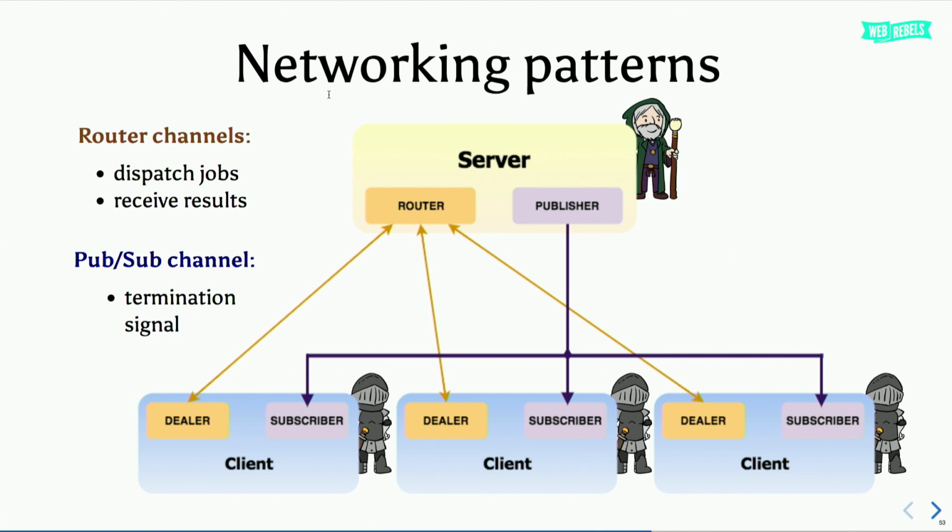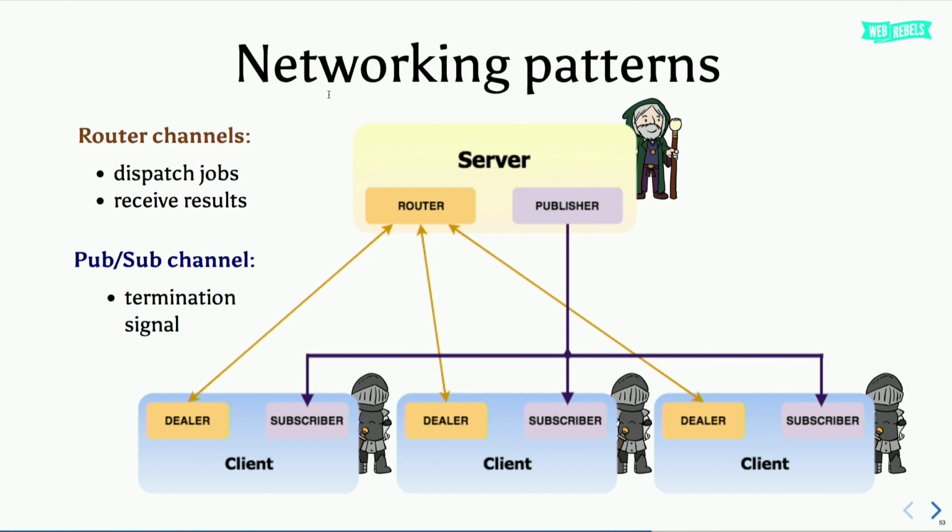And we have 2 different types of messages. The first one is basically the messages that we need to coordinate the work. And the second one is just an exit signal that is sent to everybody when some client found the actual secret. So for the first case, the conversation is basically one-to-one. So there is a channel between the server and every single client, and it's a separate channel.